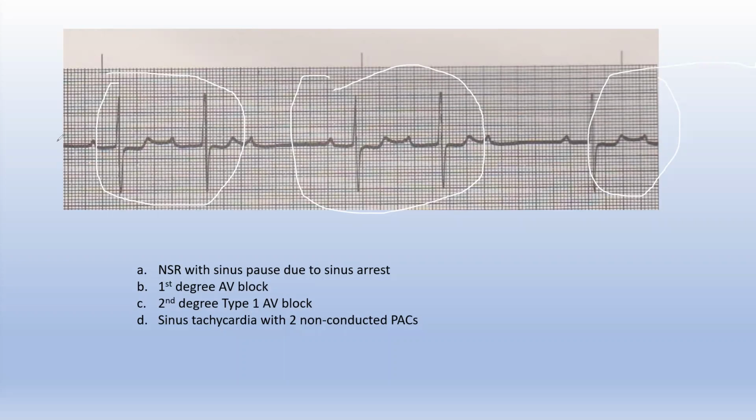Now, what's the implication of a second-degree AV block type 1? Is this serious? Well, usually this is something that we are not going to wake up the doctor for. It is a benign rhythm, and usually it's associated with myocardial infarction, but usually it's just the inflammatory changes or the inflammation that causes this particular type of block.